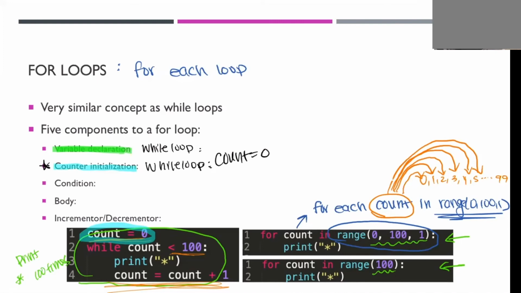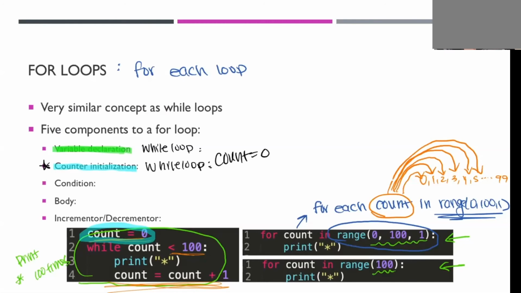However, for Python, or for loops, it's a little bit different. They're not done together per se. This right here, this count, is our variable declaration.